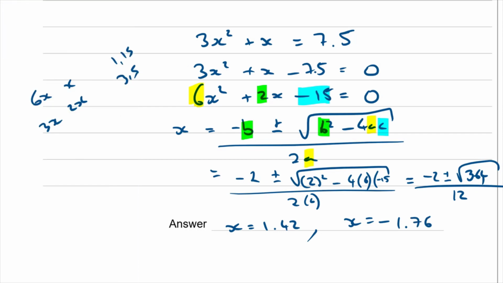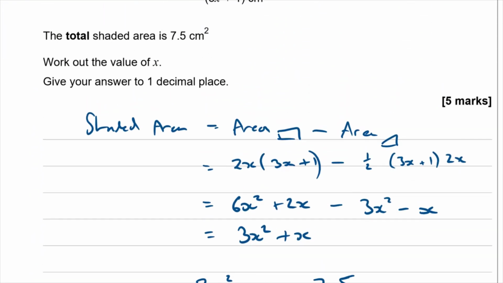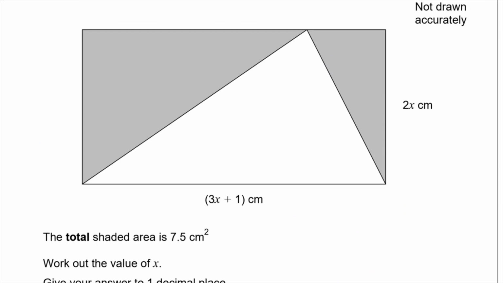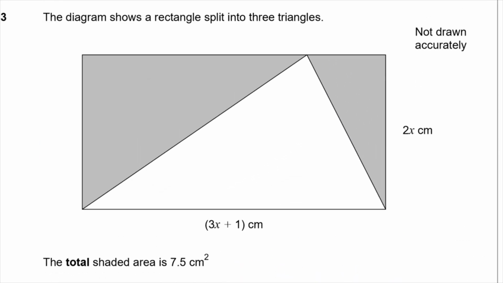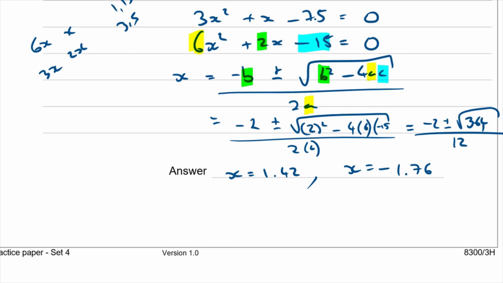But actually in this case that doesn't make a lot of sense, because I can't have a negative x for this one because it's an actual thing. So I'm just going to rule that one out. Can't be that one. So it's going to be x equals 1.42. Can't be negative.